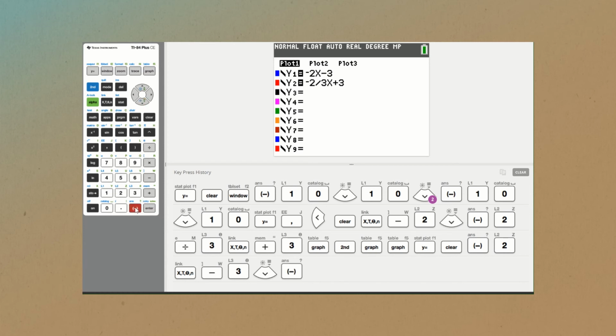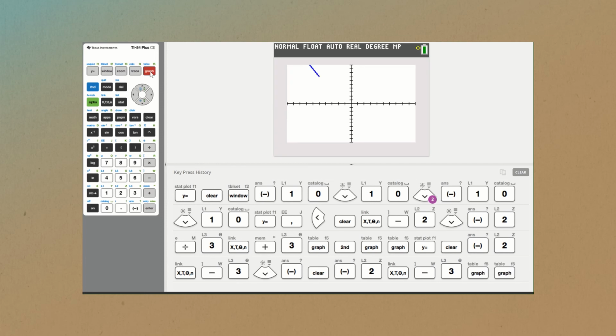Negative 2x minus 3. And we should see a blue line form and then a red line lay right on top of it. And there we go, infinitely many solutions. The calculator is going to be your friend if you know how to use it.